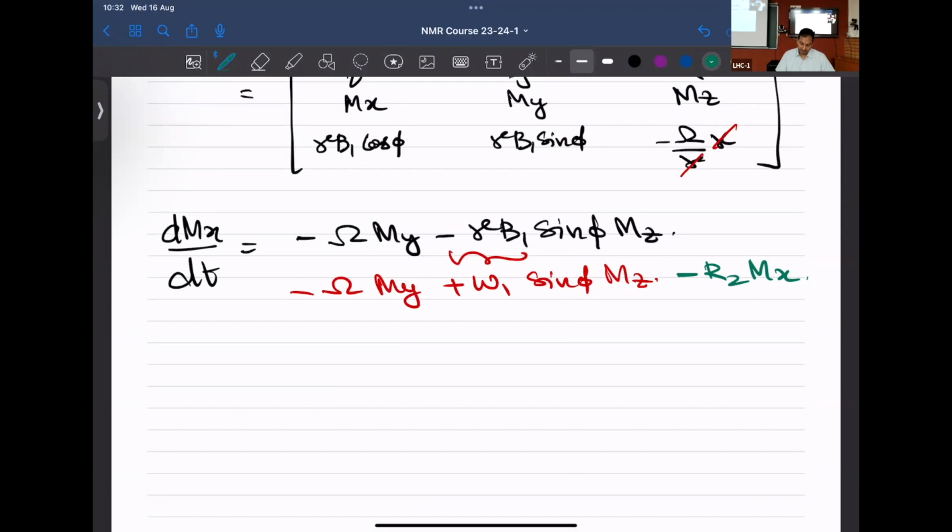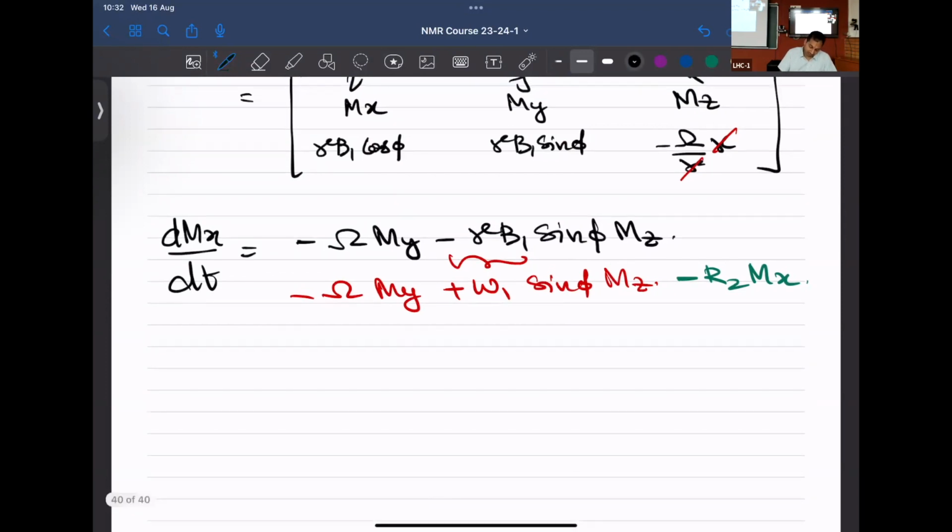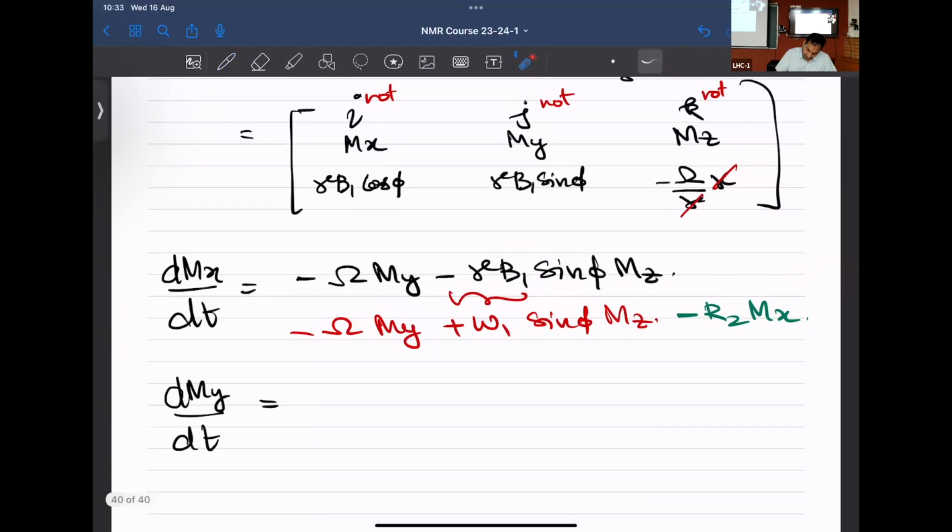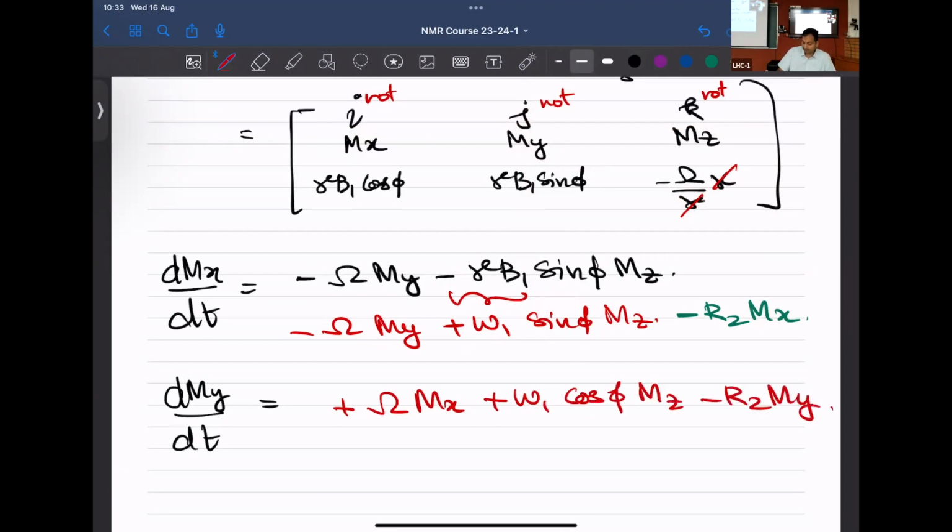What did we do? We are just decomposing each component of the magnetization into x, y, and z components. Similarly, what is going to be y? You're going to have these two, and you're going to multiply. There's a minus sign by itself. So if I remember correctly, it's going to be plus omega times Mx plus omega 1 cos phi times Mz minus R2 My.